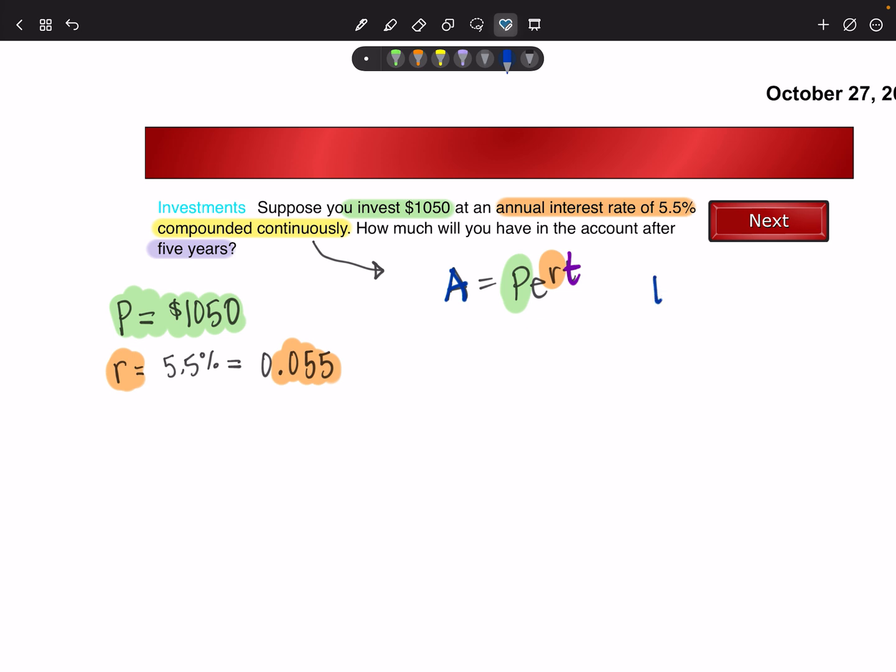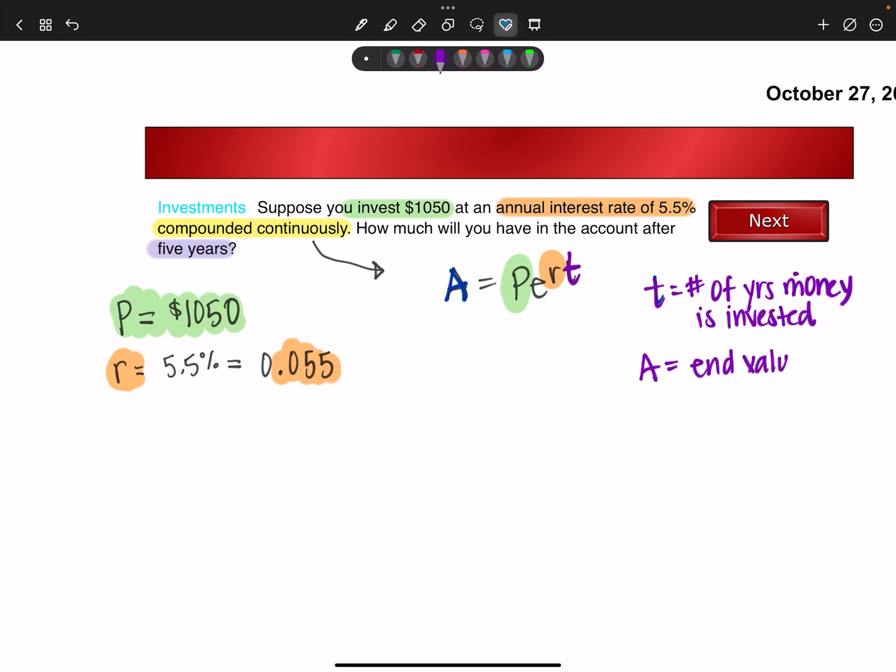T is going to be the number of years the money is invested, and A is going to be the end value in dollars after T number of years.